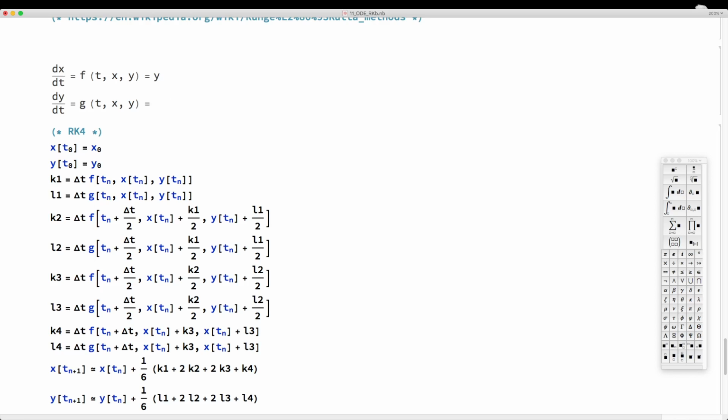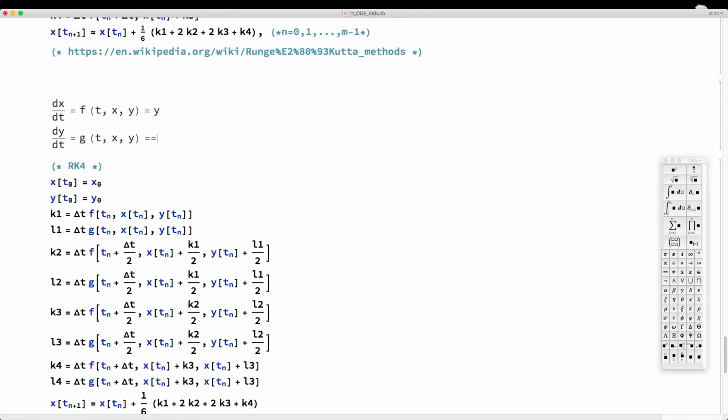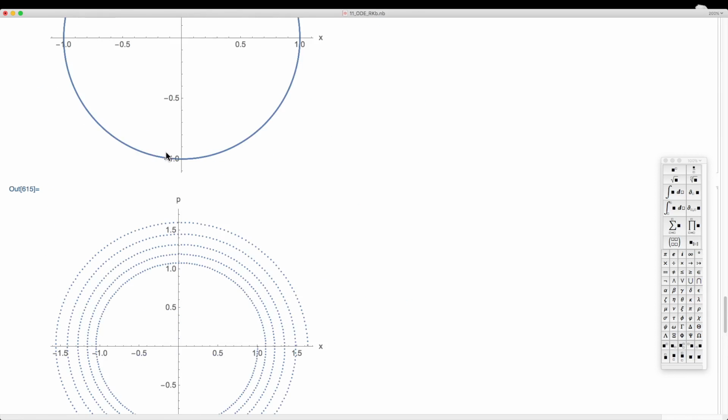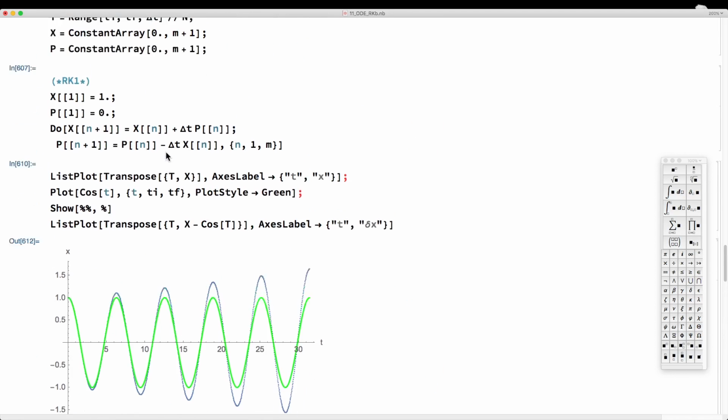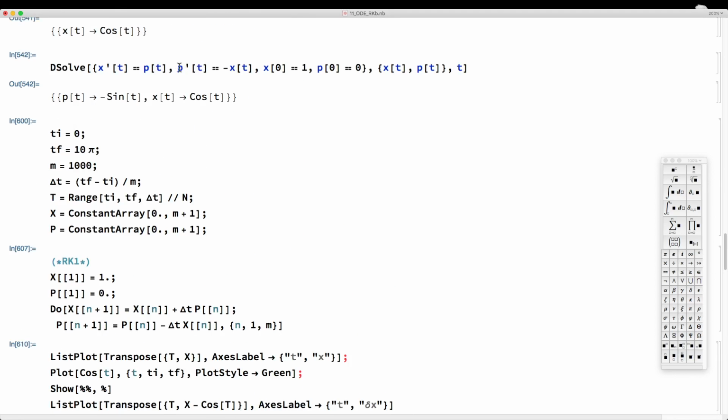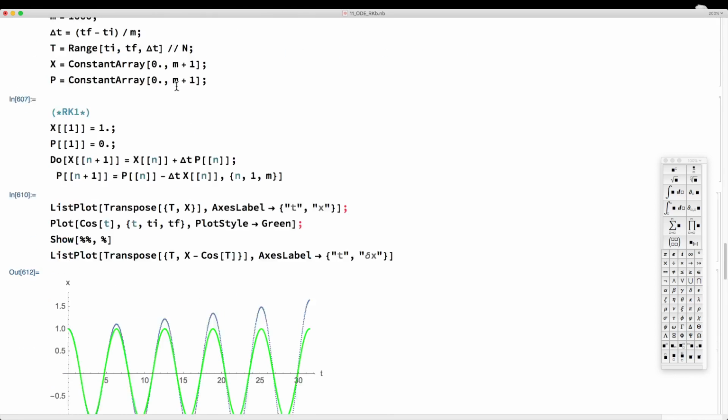And then the other equation is dy by dt equals g, and that is equal to minus x if you look at the equation we're solving here. So the second equation is dp by dt equals minus x.